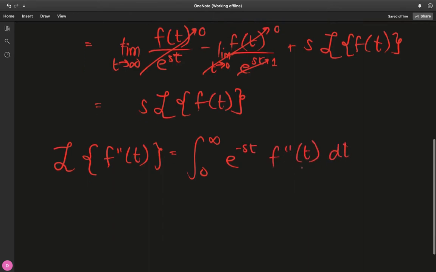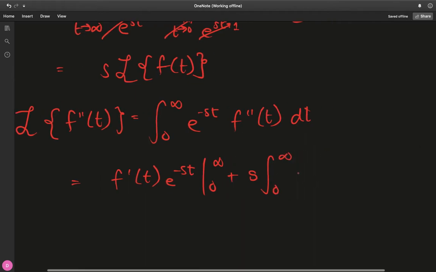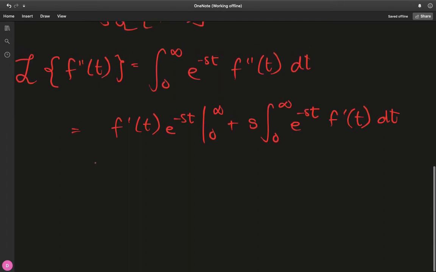Again, we have to integrate this by parts. We end up with f prime of t times e raised to minus st evaluated from 0 to infinity, plus s times the integral from 0 to infinity of e raised to minus st times f prime of t dt.